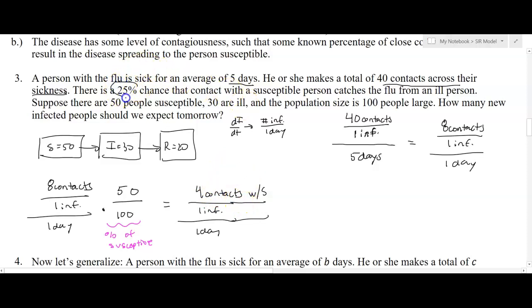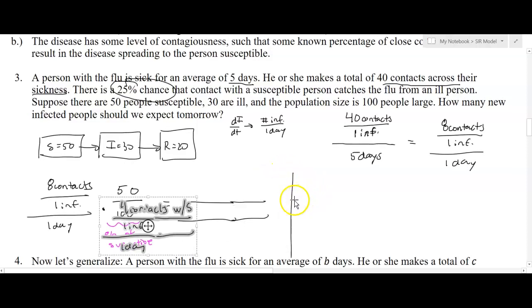There's only a 25% chance that contact with a susceptible person will result in the flu being transferred. So 25% of all contacts of a susceptible with an infected person will result in infection. So now we're going to take this 4 contacts with a susceptible per 1 infected per day.